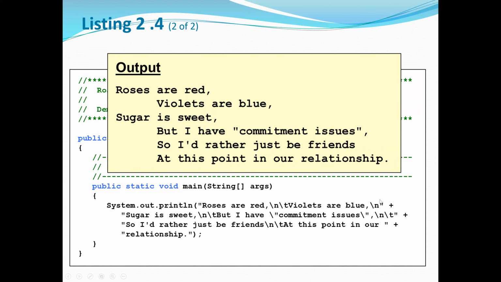It's only backslash n, there's no tab. Next, we move to a new line, tab it, but I have a commitment issue. So we can see that again, it's a tab. Then we have backslash n and tab again, so "I'd rather just be friends." After that, also we have another backslash n and tab. So we start "at this point in our relationship."